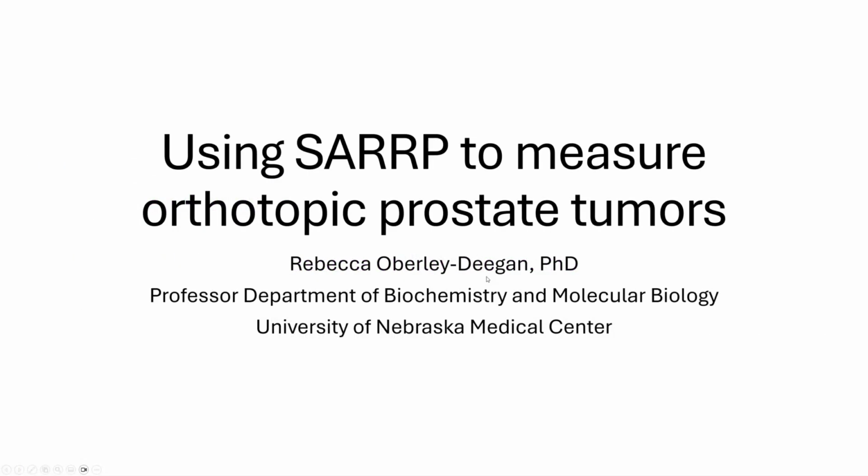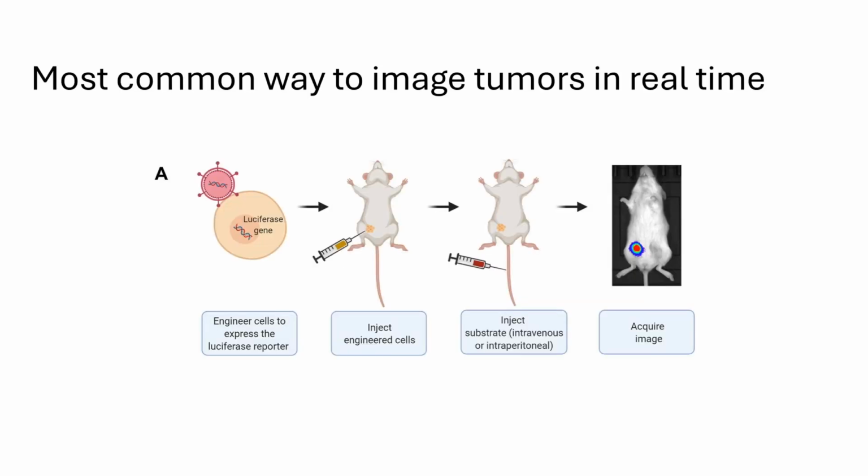Thank you very much. So my name is Rebecca Oberley-Deegan, and I'm going to be talking about how to use the SARRP CT to measure orthotopic prostate cancer tumors. So the most common way to image tumors in real time is to use a luciferase expressing cell system. What this entails is taking the luciferase gene and transfecting that into a cancer cell.